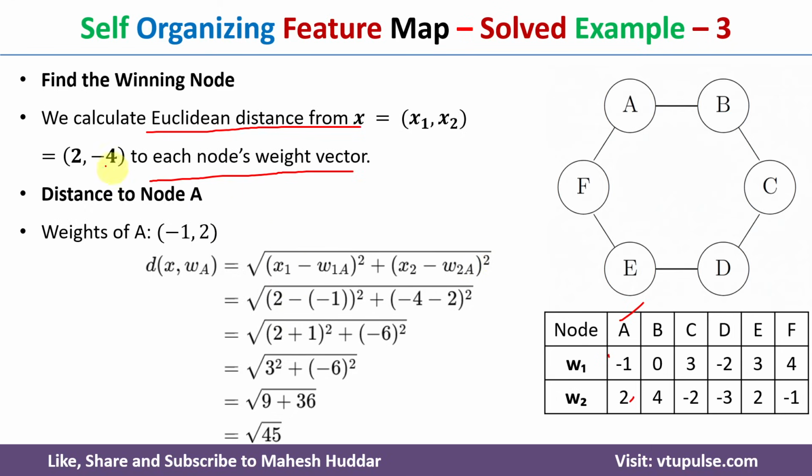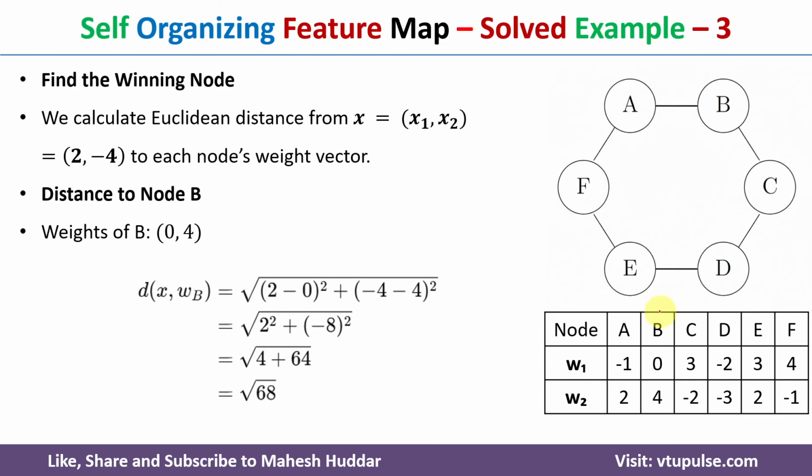So here x1 is 2 minus w1a, which is -1, bracket square, plus x2 is -4, w2a is 2, so -4 minus 2 bracket square. Once you simplify this, we get the distance to node A as square root of 42.